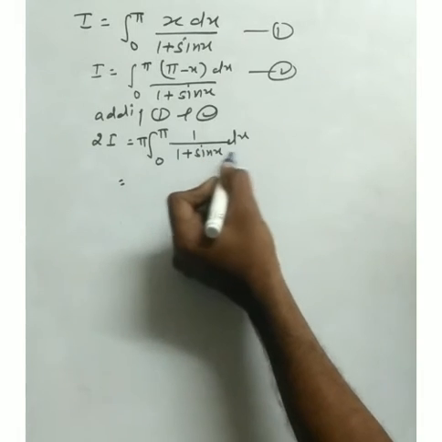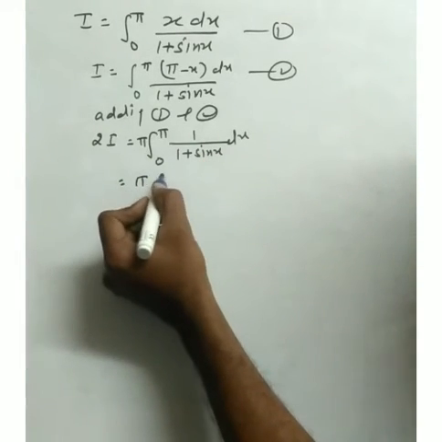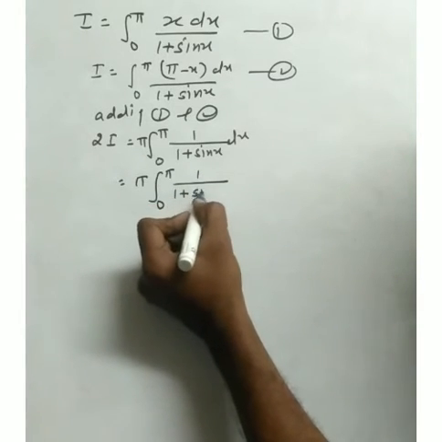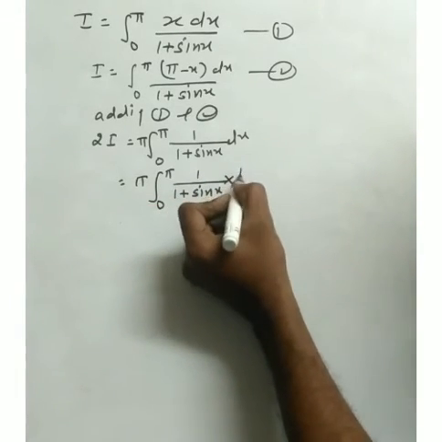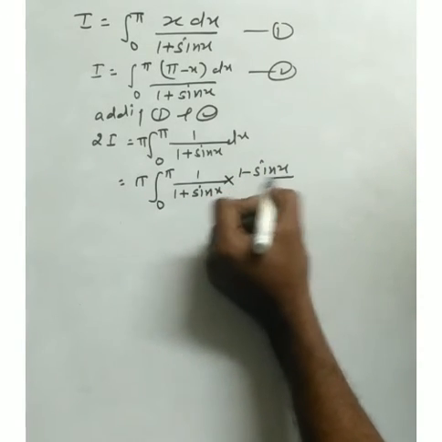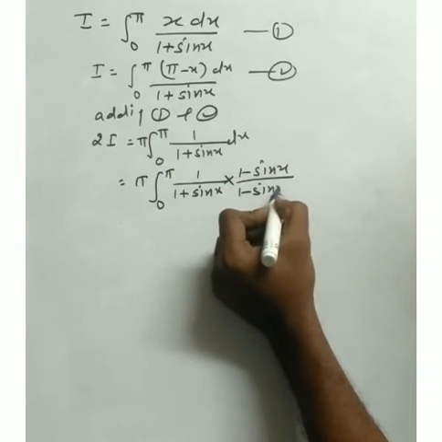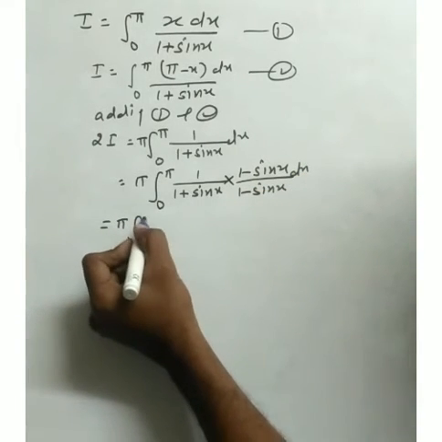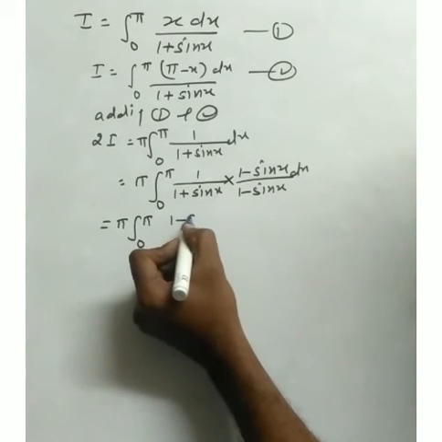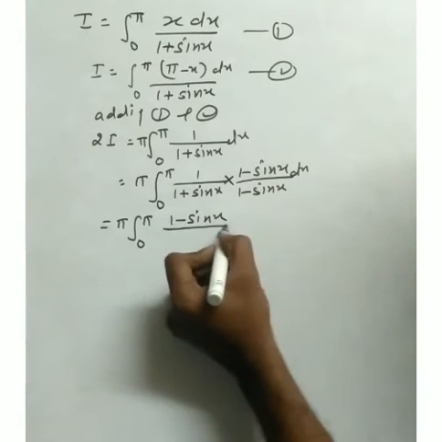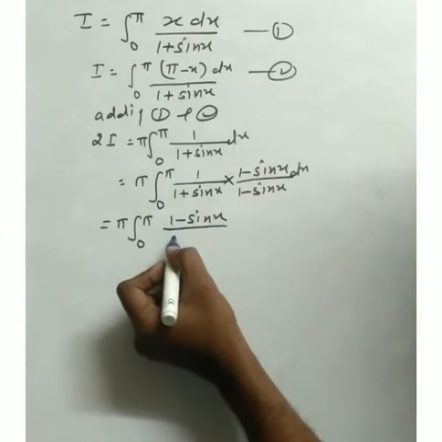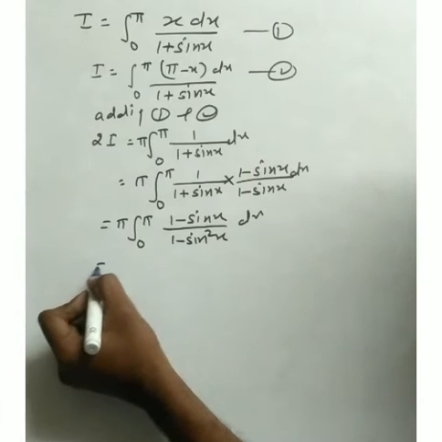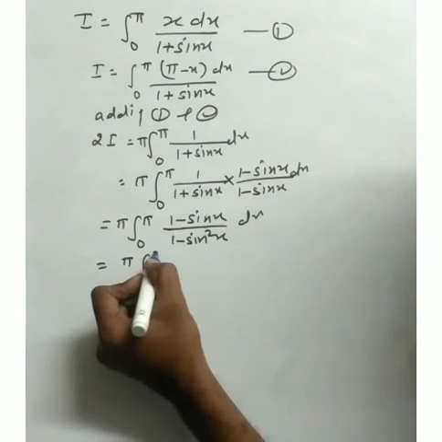Now multiply and divide it by 1 minus sine x. Pi times integral 0 to pi of 1 upon 1 plus sine x into 1 minus sine x upon 1 minus sine x dx. Pi, 0 to pi, 1 minus sine x upon, a plus b into a minus b is 1 minus sine square of x dx. 1 minus sine square x is cos square.